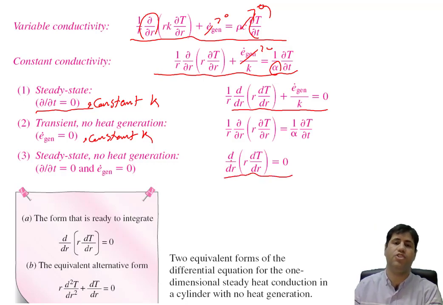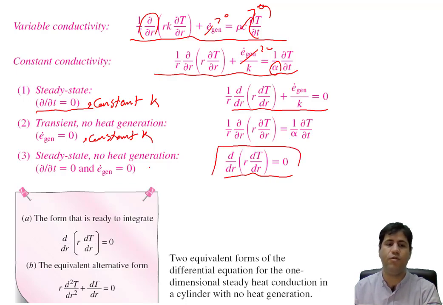It will change to differential form, differential derivative of R dT by dR, totally by dR. This is our general equation when we have a steady state, no heat generation.